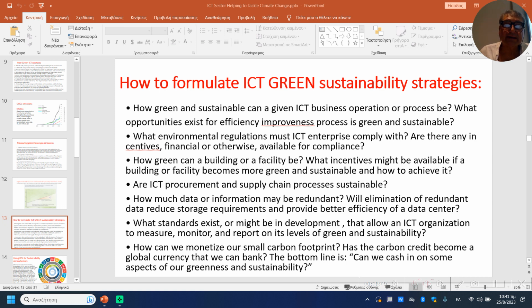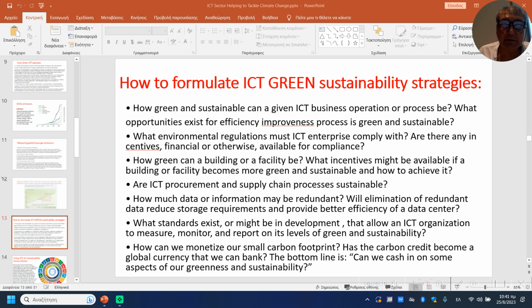How to formulate ICT green sustainability strategies. How green and sustainable a given ICT business operation or process is. What opportunities exist for beneficial improvements of processes in green and for customers.